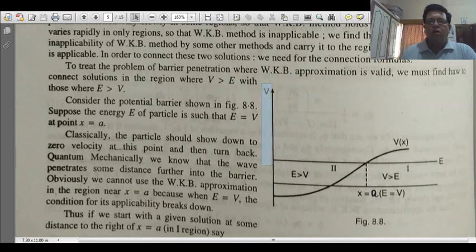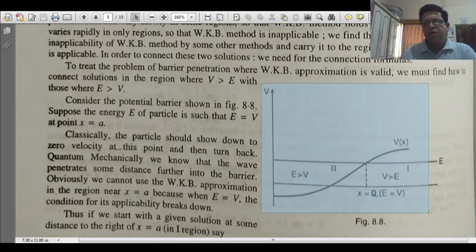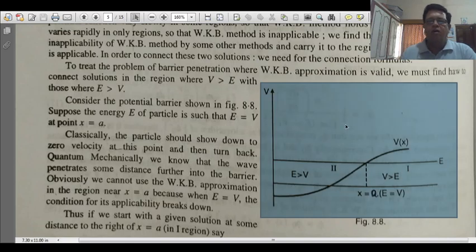So, before starting this topic, you must understand this diagrammatic or geometrical picturization or configuration. Clear?